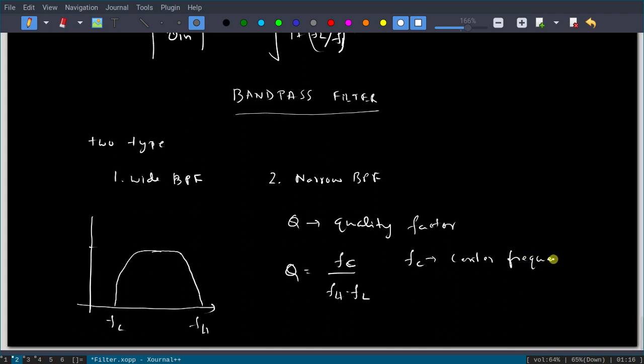If we calculate for a given band pass filter the center frequency, that is where the maximum will be high.